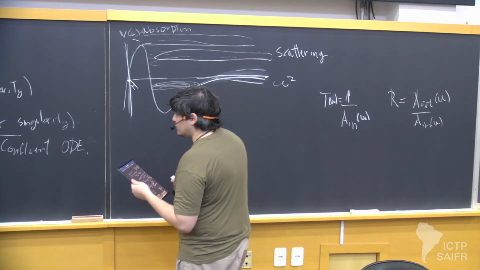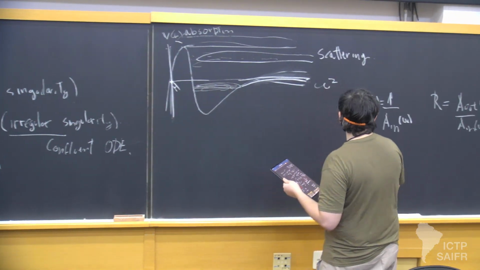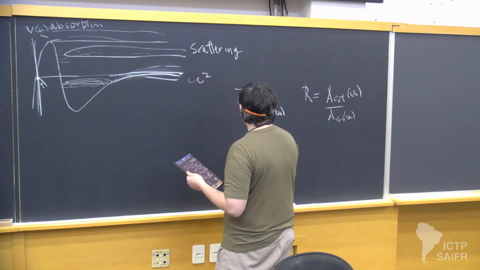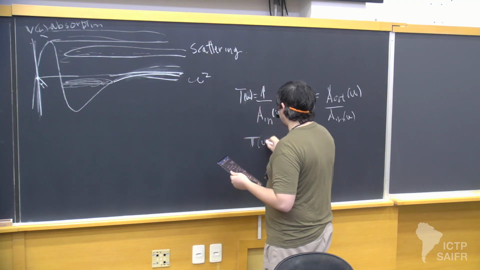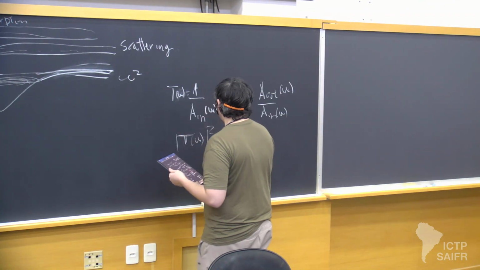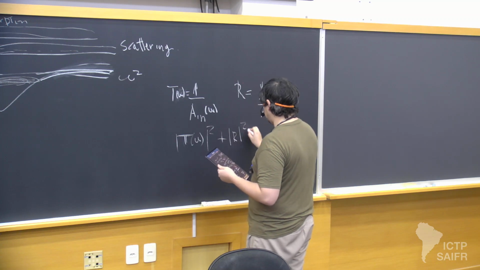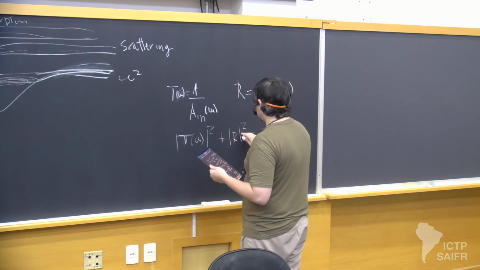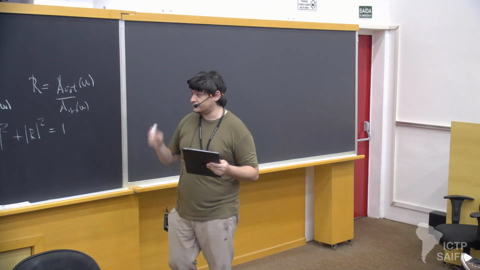The way we normalize it in this case is by saying that, I'm going to prove this in a second, but it's kind of intuitive first, the mod square of T plus the mod square of R is 1.